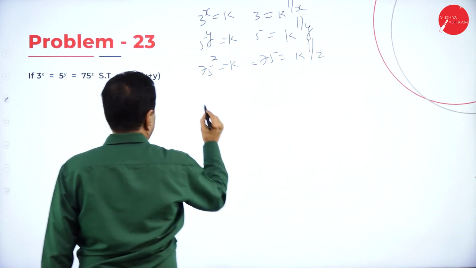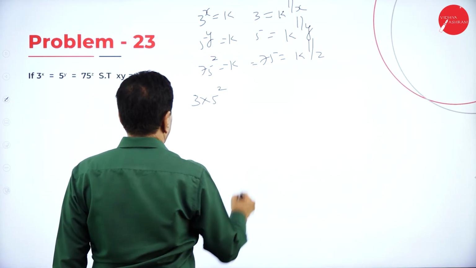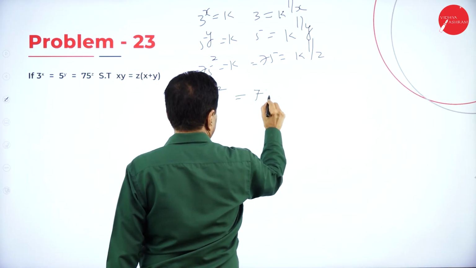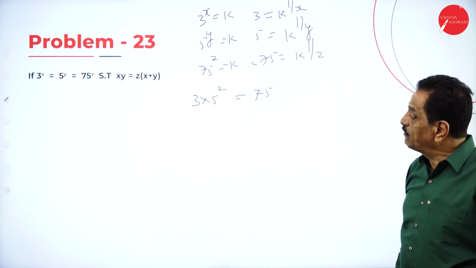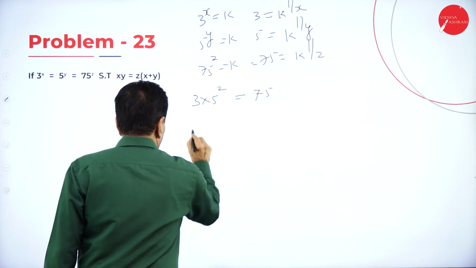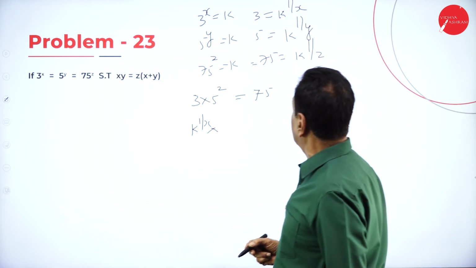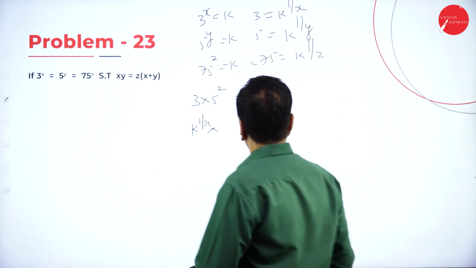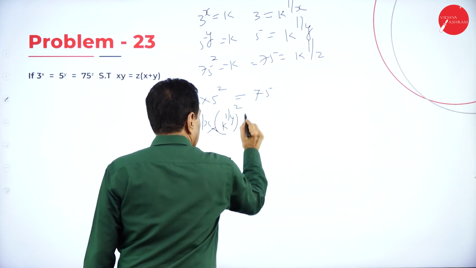So 3 into 5 square is equal to 75. What is 3? k to the power of 1 over x. Then what is 5? k to the power of 1 over y, squared.